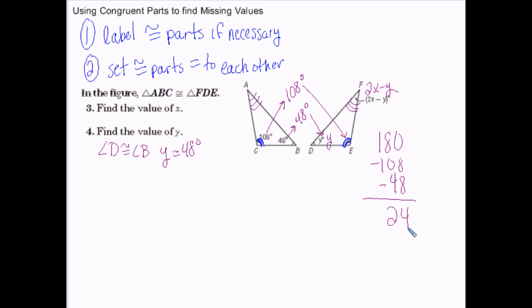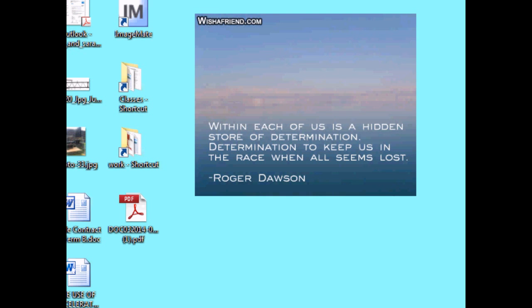So F is 24 degrees. So that means that 2x minus y is 24 degrees. So far, okay? So 2x minus y is 24. And y is 48. Plug that in there.